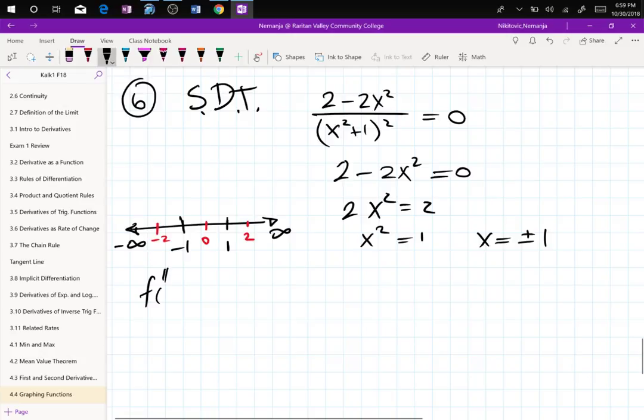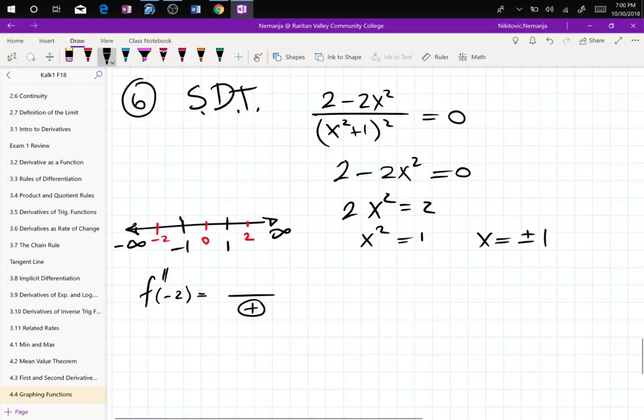Second derivative computed at negative 2. Do you see that the denominator is squared? That will always produce a positive number. So I just need to make sure that the top is either positive or negative. We only need positive or negative as the answer, not the exact value.